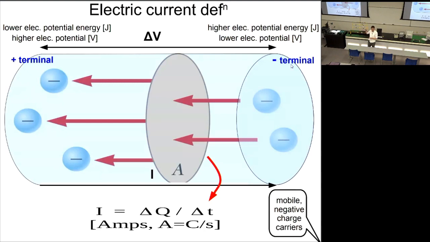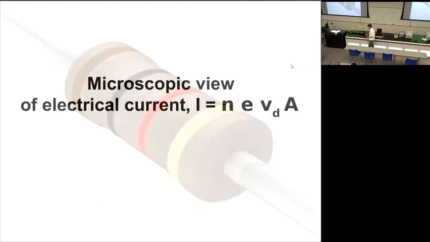The electrons, negative charge particles, are traveling towards the left in this picture. The current, what we call conventional current, is traveling towards the right, the opposite direction to the electrons. It's the direction that positive charges would move if such things were moving in an ordinary piece of copper wire. Okay. So that's defined current.